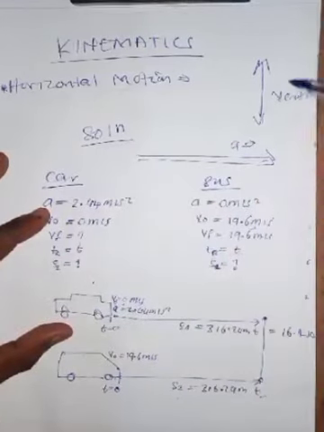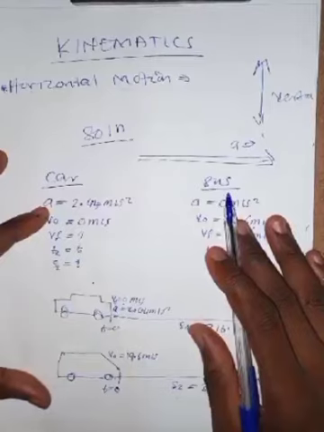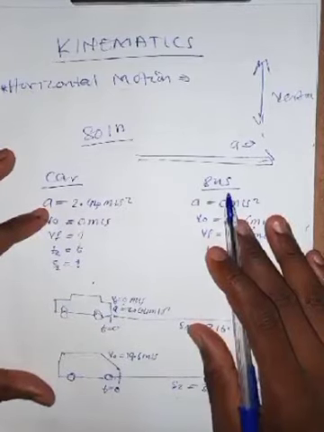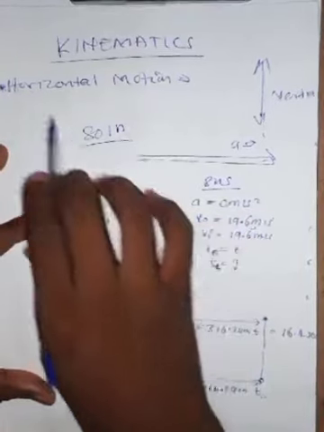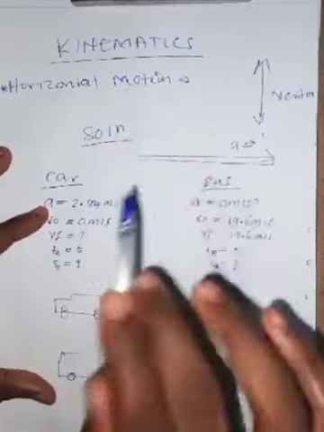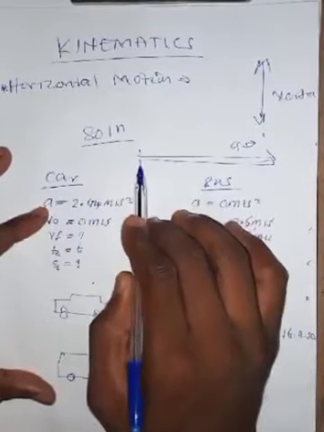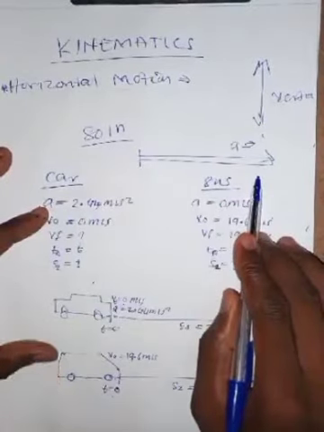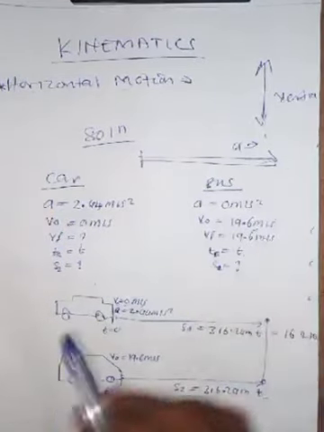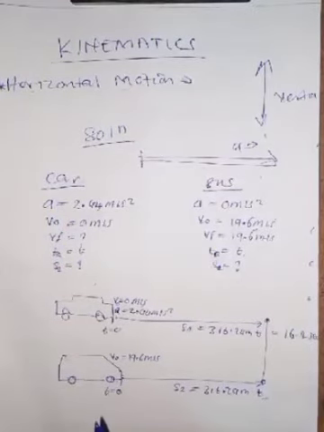Then we are going to talk about vertical motion. As I said, this one involves the gravitational acceleration, because objects that are falling and going up involve gravitational force. So this one was horizontal motion, focused on the given acceleration and given speed of the car.